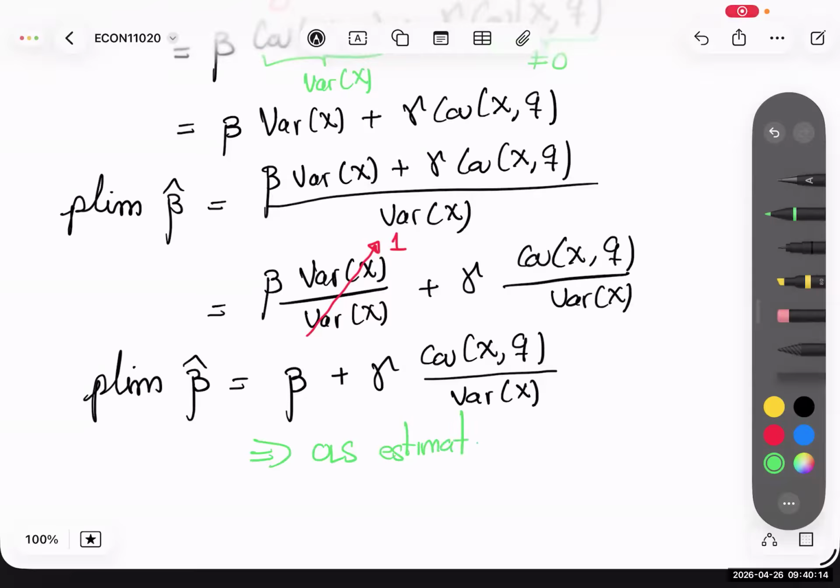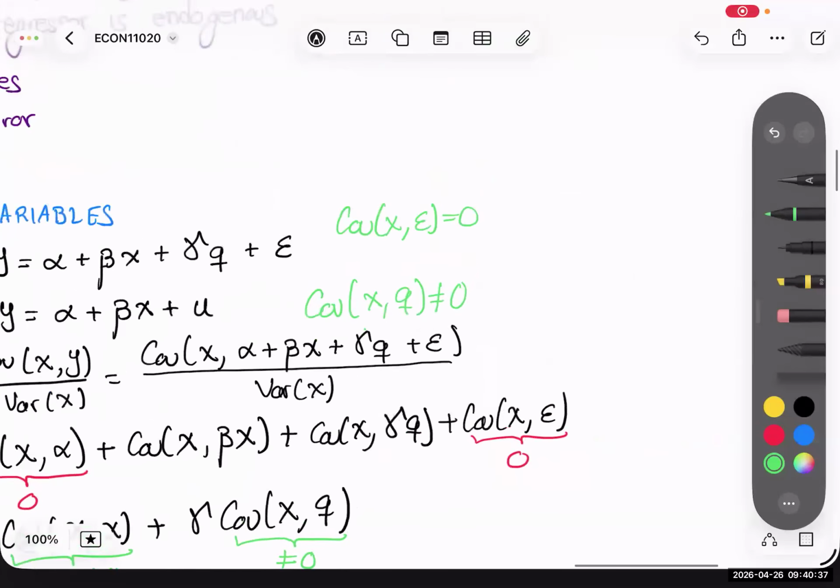So the estimator is not consistent with omitted variables. Omitted variables in the sense that we're explaining here with these two main assumptions, right?